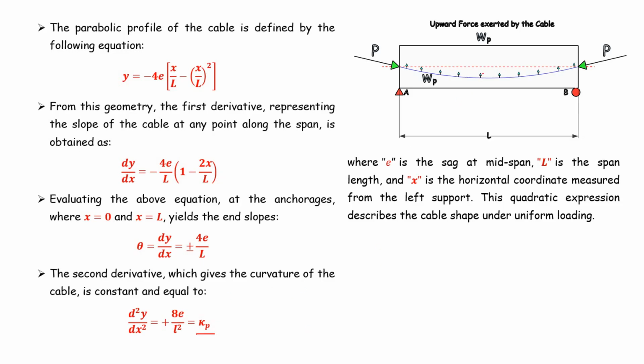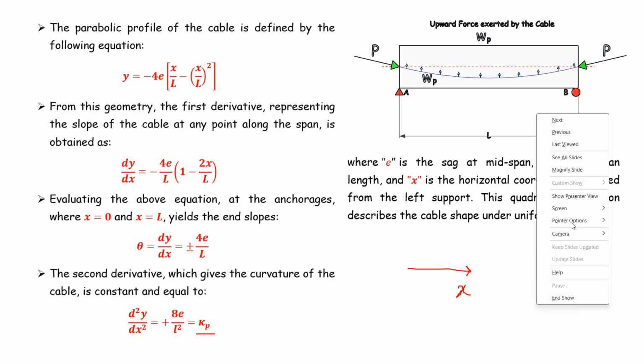Here e is the sag at the midspan, L is the span length of the beam, and x is the horizontal coordinate measured from the left support. Note that we are writing all the equations by measuring x from the left support. So x is towards the right, as represented and shown in the figure.